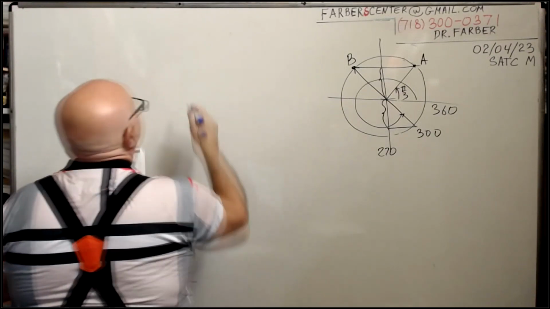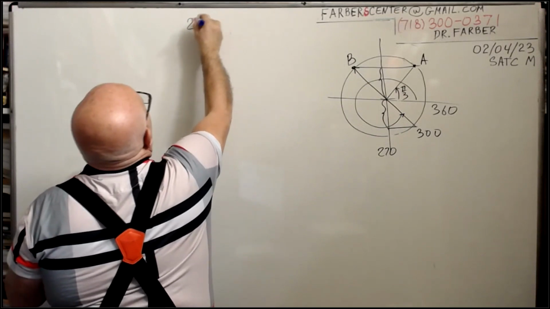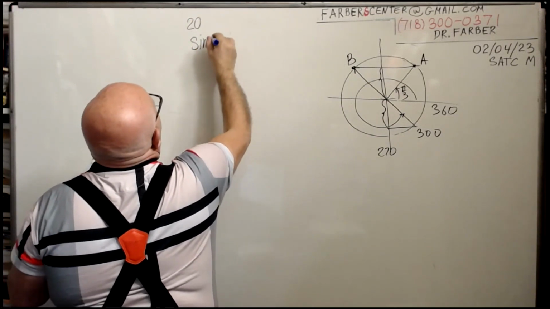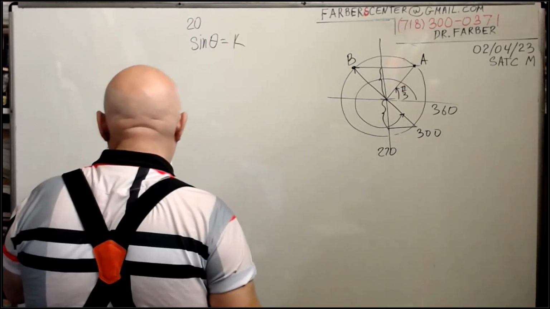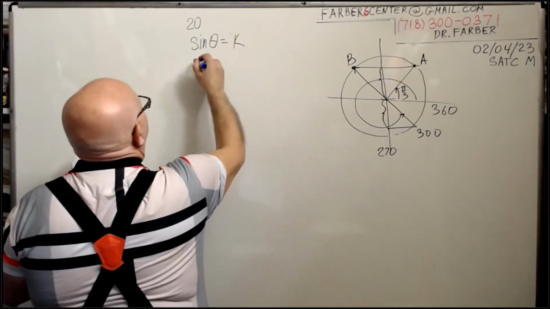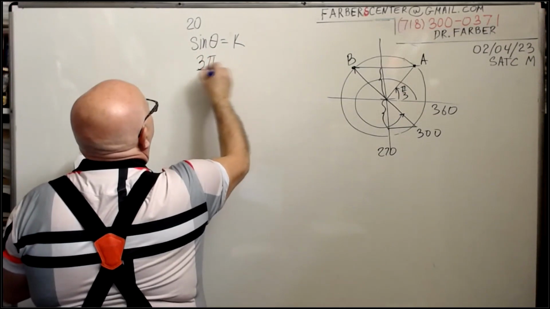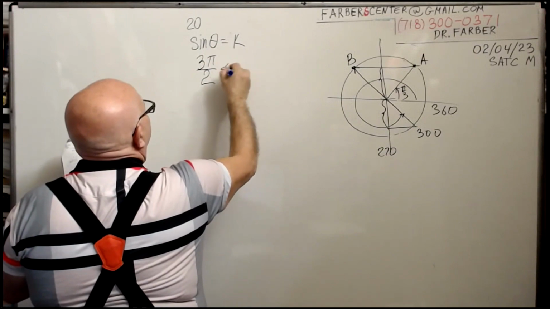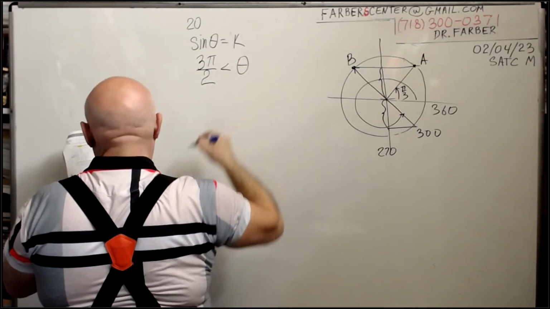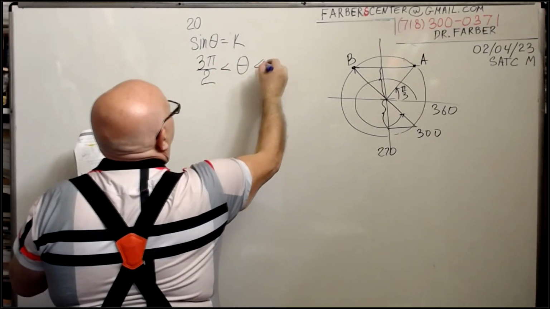Given sine of theta equals k, where 3 pi over 2 is less than theta and theta is less than 2 pi.